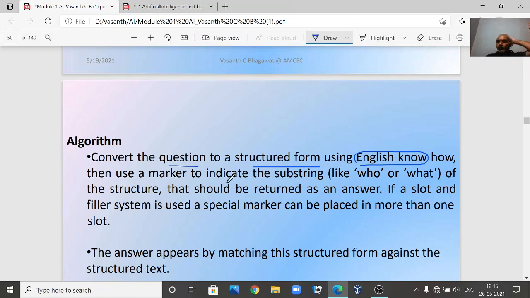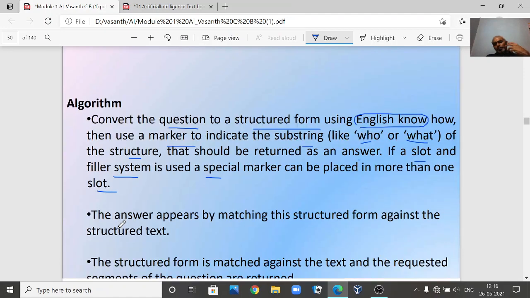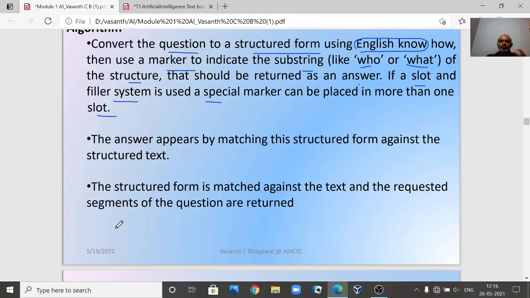Then use a marker to indicate the substrings, like who or what she found. That part of the structure should be written as the answer. If the slot and filler system is used, a special marker can be placed in more than one slot. Once you know the slot and filler structure, you will understand this better.